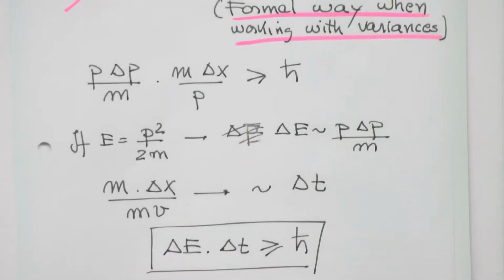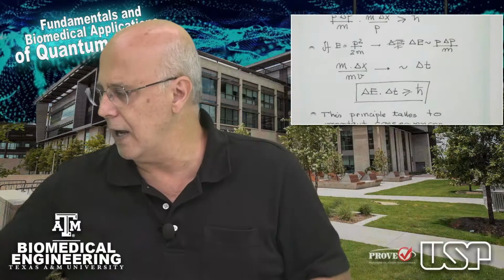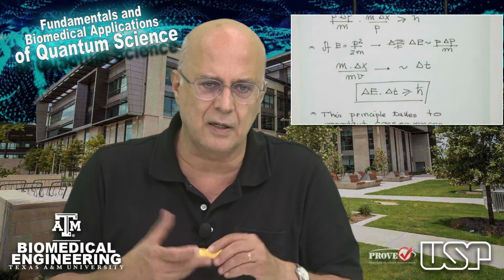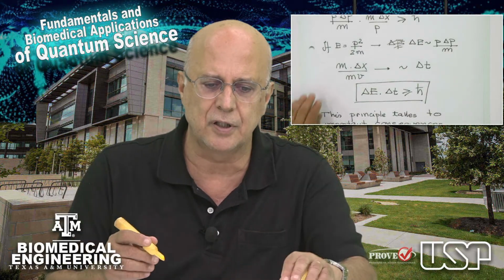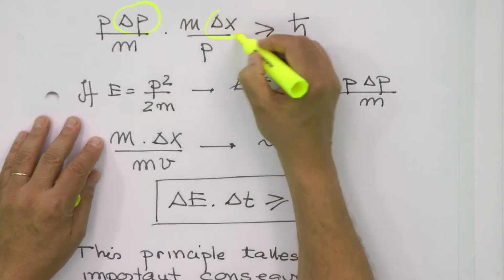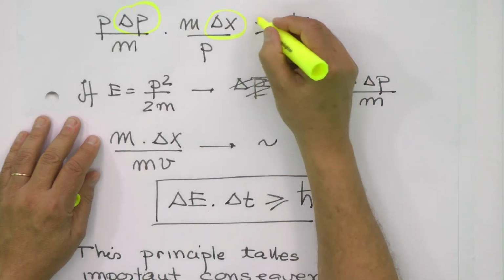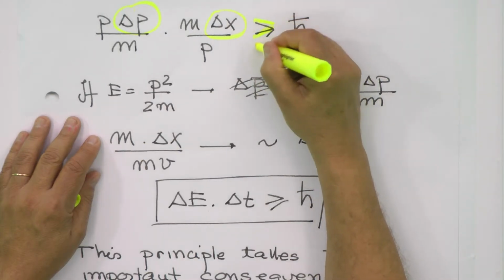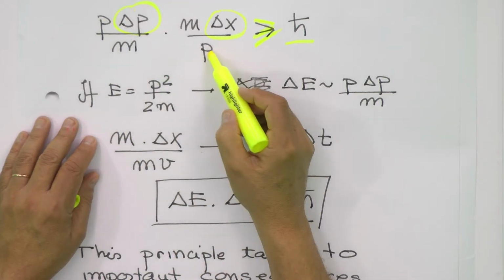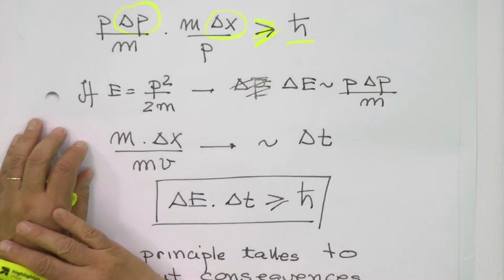Okay, now I'm going to do something, because momentum and position are so important for the energy. Those are the variables that determine the energy. I'm going to do the following. Delta p times delta x is greater than or equal to h bar. I'm going to multiply and divide by p, and multiply and divide by m.